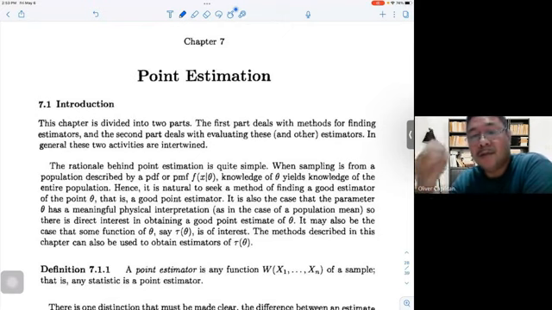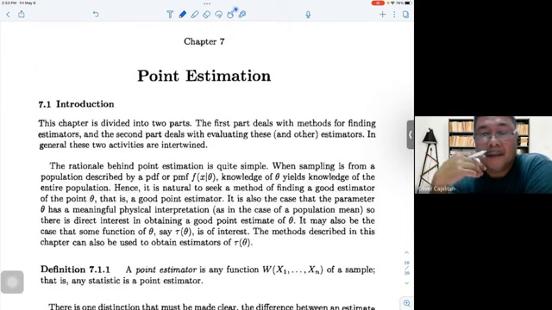We have the sufficiency principle, the likelihood principle, and then the equivariance principle. Any questions or clarifications? Okay, thank you, Ryan.